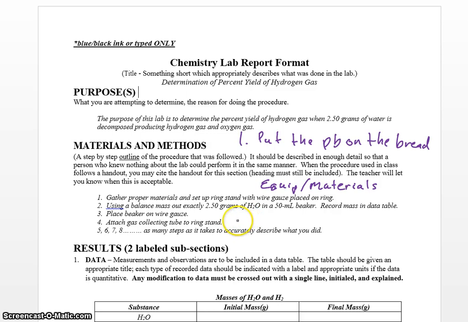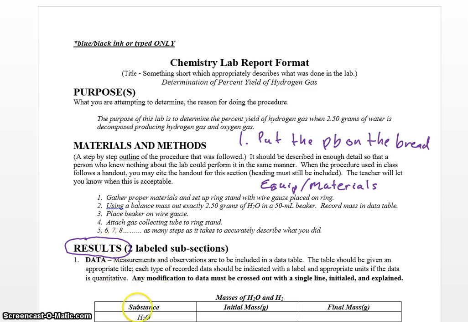As the final part of your pre-lab write-up, you are going to include the results section. I will tell you now that the most common point lost on a pre-lab grade is the failure to title this section. Please don't go directly from the materials and methods section to data table.